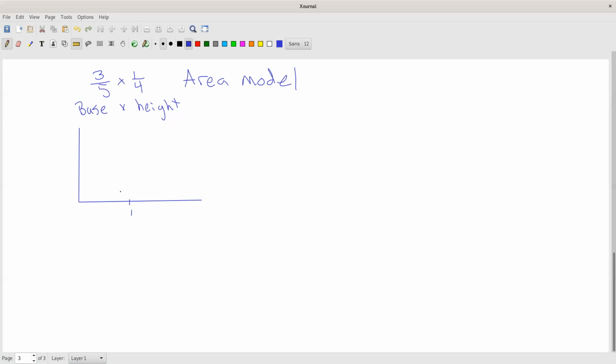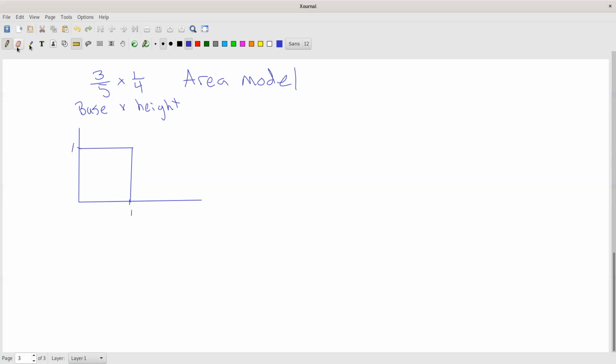And then vertically, that would put 1 right here. So this region right here is 1 whole, because it's 1 by 1. So because we're working with fractions, we need to know what part of a whole is. We can only know what the part is if we know what the whole is.